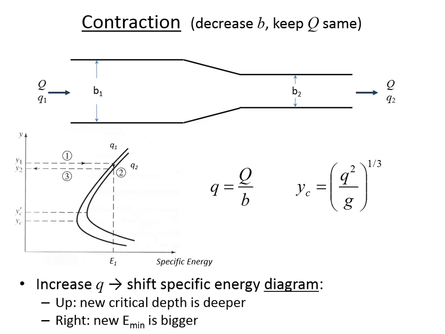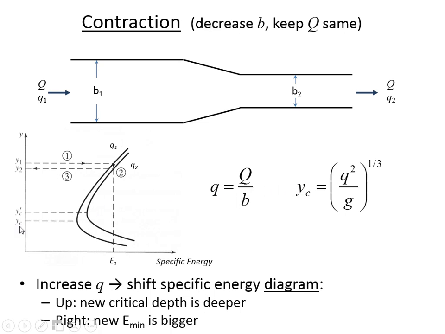And it shifts it up and to the right for the same reason, because we know that the critical depth is a function of the flow per unit width, and so lowercase q increases when you decrease this parameter b. If b gets smaller, if the channel width gets smaller, then that increases the flow per unit width, and if the flow per unit width goes up, then so does the critical depth.